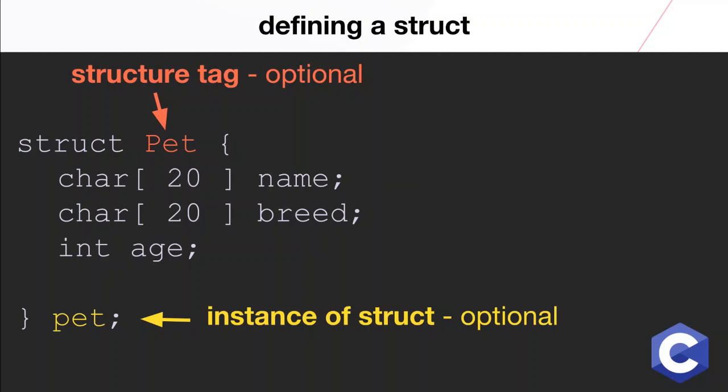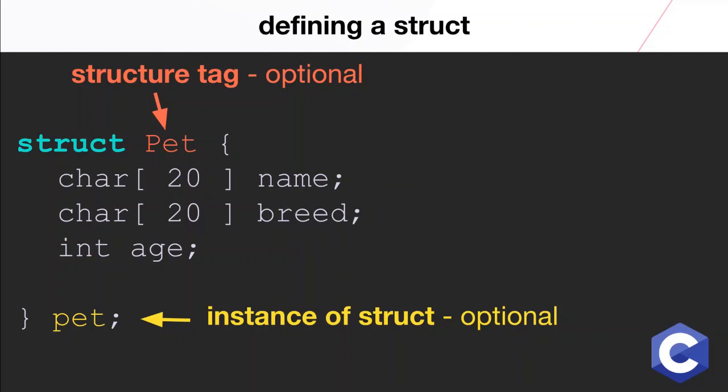We also have the option, as we define our struct, to create a few instances of that struct at the same time. Again, this is an optional component. You don't have to include this. You could create instances later on. And then obviously the other big component here in our definition of a struct is the keyword struct.